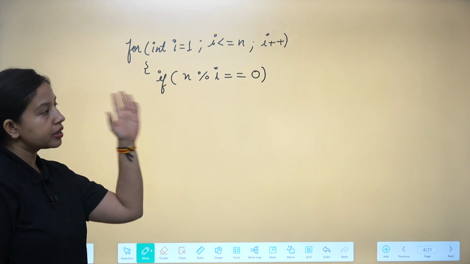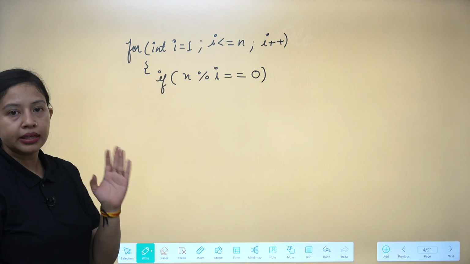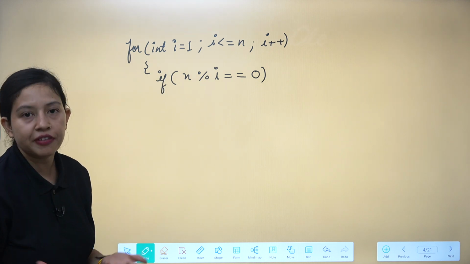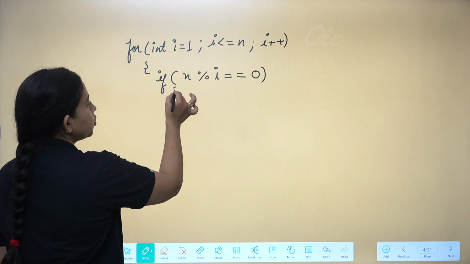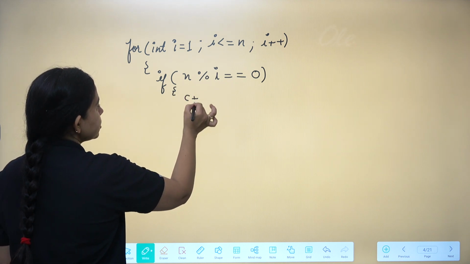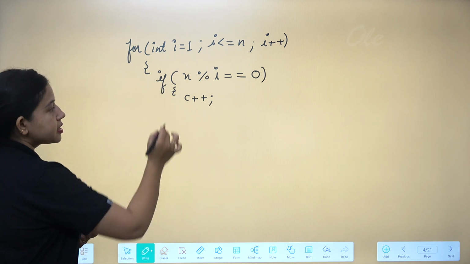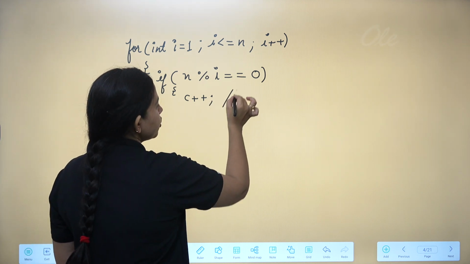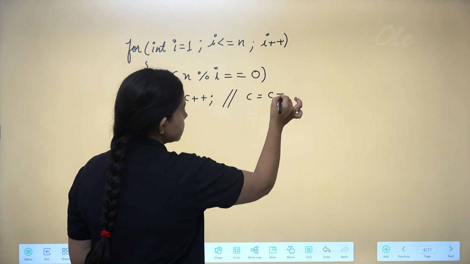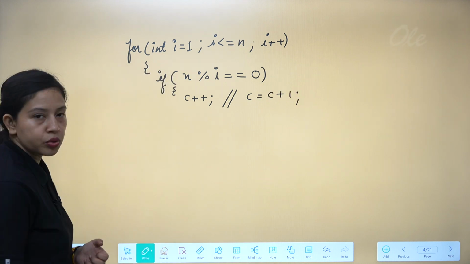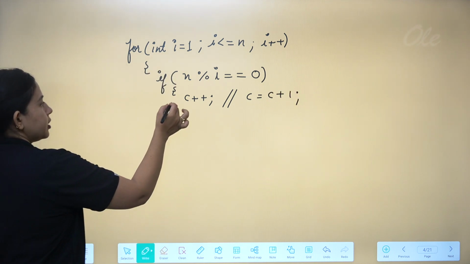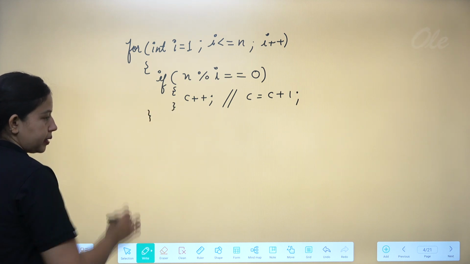That means if the number is completely divisible by the value, that value is a factor of the number. So once this condition is true, we simply update the counter value. Instead of writing c++, you can also write c equals c plus 1. There is no issue in that. Alright, then close it and close this bracket.